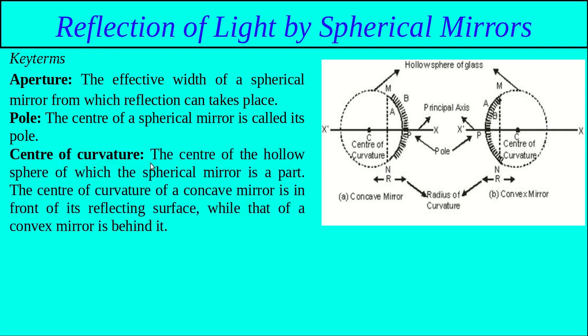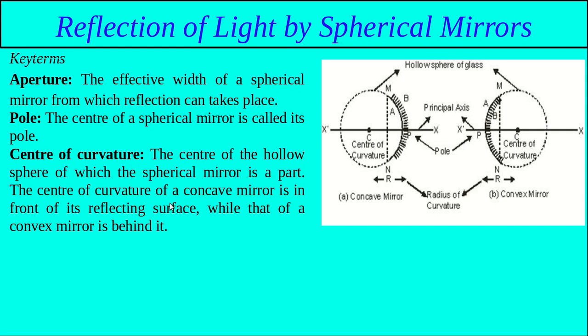Third is the center of curvature. The center of the hollow sphere of which the spherical mirror is a part is known as the center of curvature of a spherical mirror. For example, you have a concave mirror, and if you complete this portion of the spherical mirror to form a complete circle, then the center of this circle is known as the center of curvature.